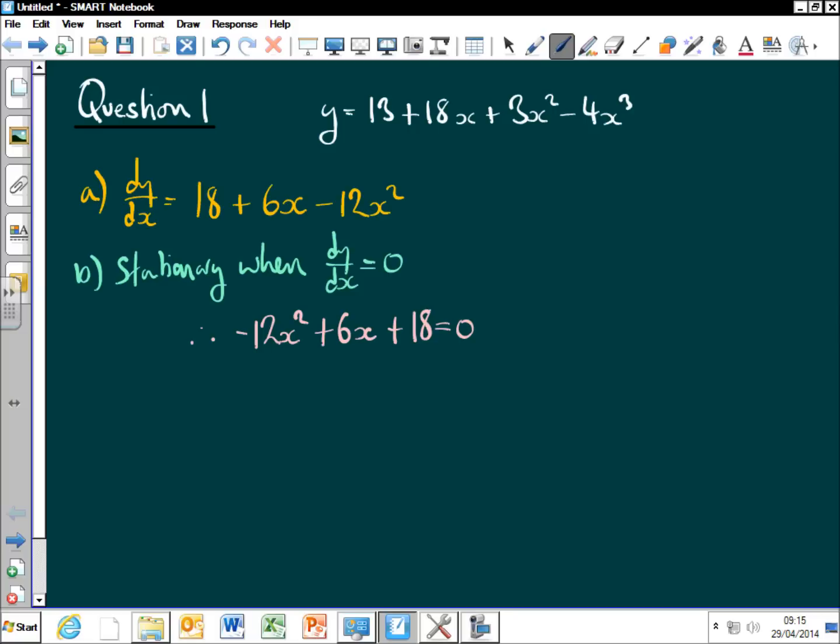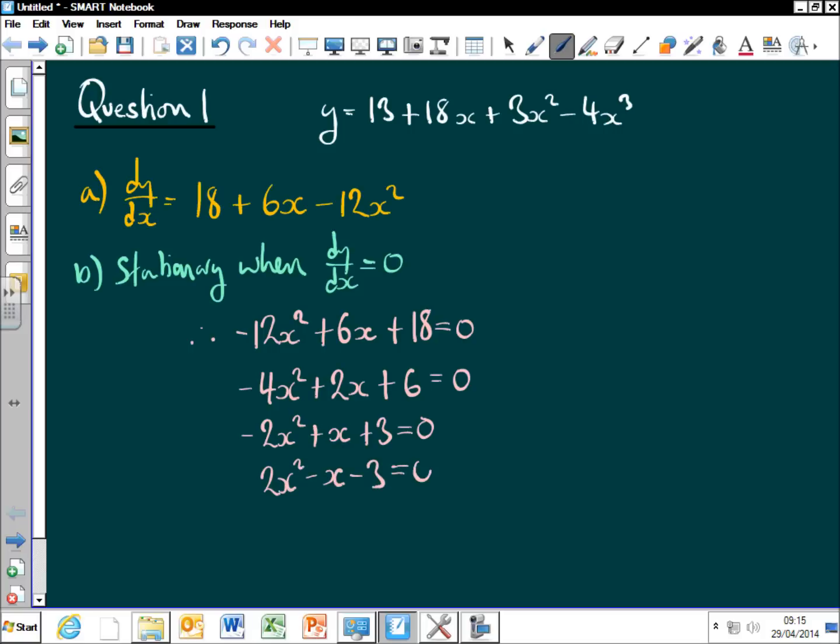Sorry, I can divide through by 3, which gives me minus 4x squared plus 2x plus 6, and then I can divide through by another 2. That's going to give me -2x squared plus x plus 3. And then I can multiply through by -1, and that will change the negatives to positive and the positives to negative, so I get there. And hopefully I can factorise this.